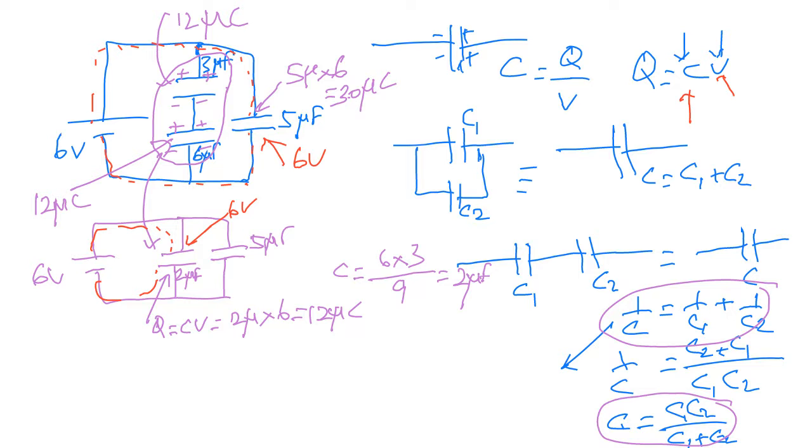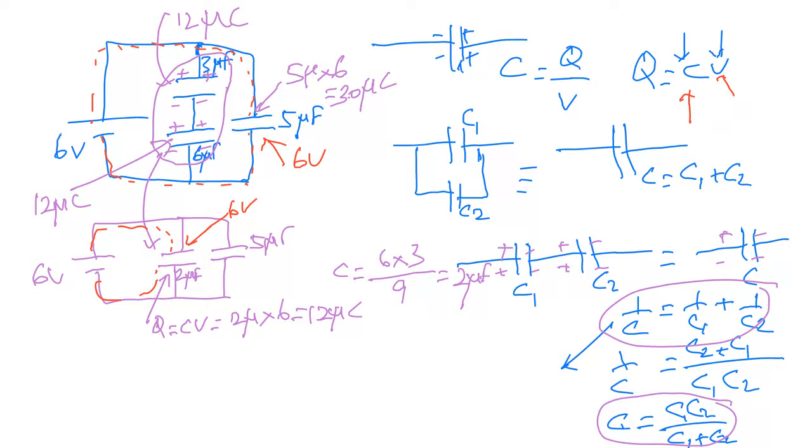This is because when capacitors are in series, they have the same charge as the equivalent capacitor. So if I go back to this expression, let's say that C1 has plus plus minus minus, and this one also has plus plus minus minus. So the charges are the same when you have capacitors in series.